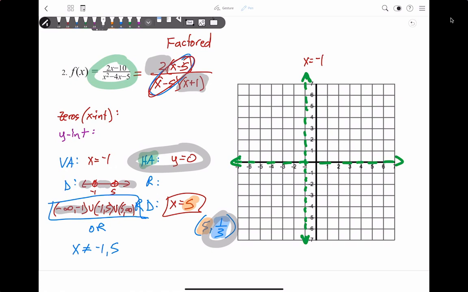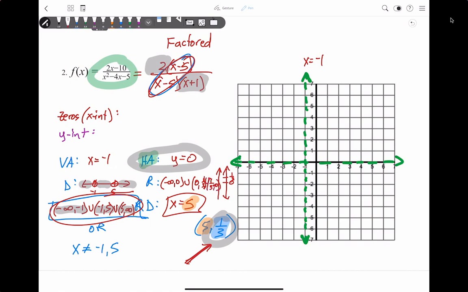So this 1/3 becomes very, very important as far as how to list my domain and range. Again, if I were to think of it like a range, like the y-axis, I would say it doesn't exist at 0, and also at 1/3. So if I did this the way I did the interval over here, going from bottom to top, it'd be -infinity all the way to 0, union 0 to 1/3, and then union 1/3 to infinity.